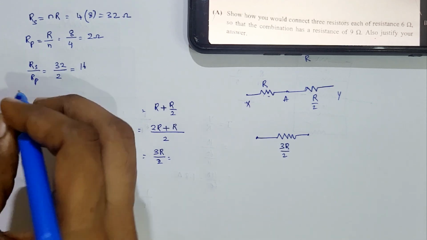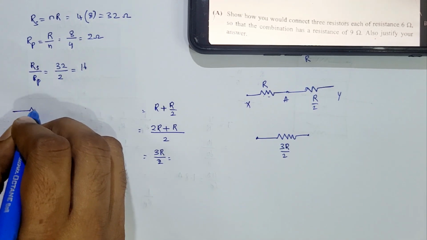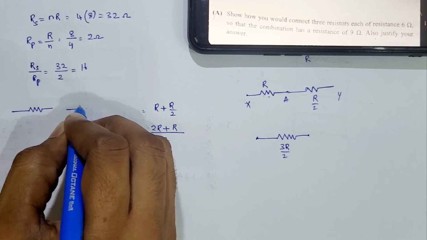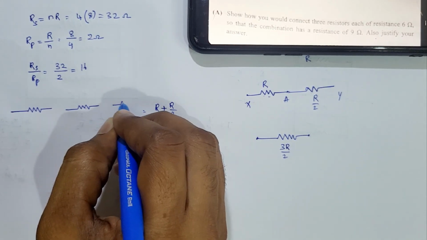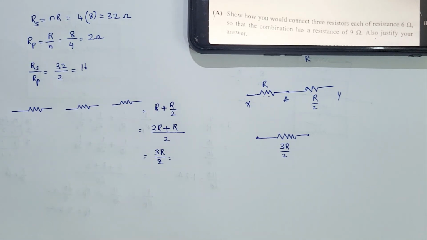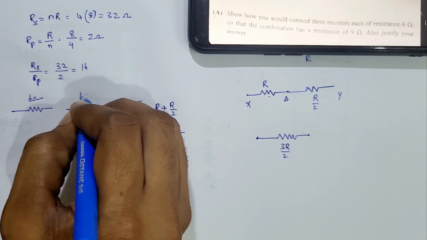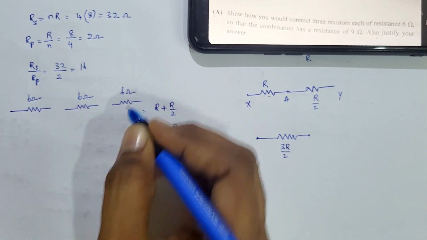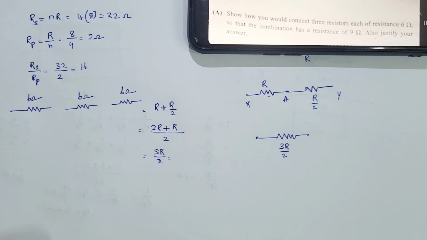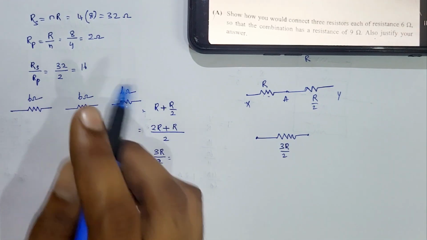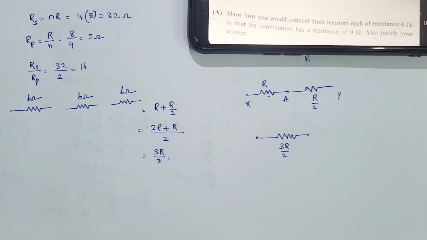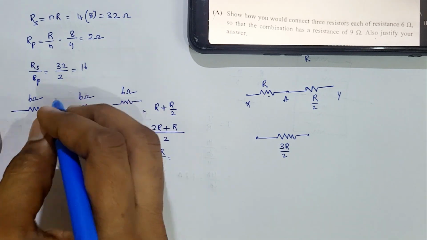Means you will be having three resistances like this, like this, like this. Each resistance value is 6 ohm, 6 ohm and 6 ohm. You can connect these in any way you want. Okay, and the equivalent resistance should be 9 ohm. Mind should work sharply. How to write 9 ohm?